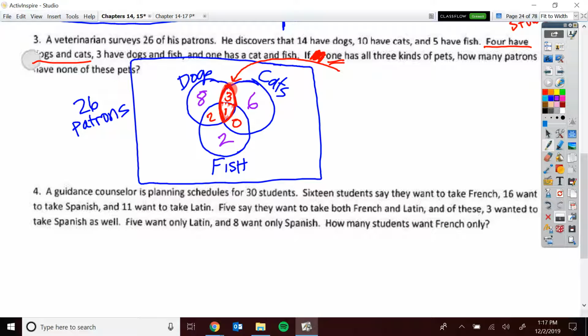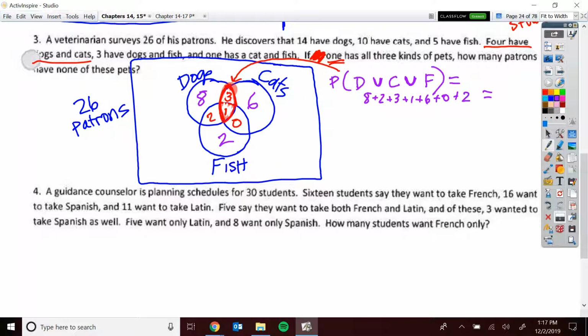So how many patrons have none of those pets? Oh, how do we do that? So how many patrons have a dog or a cat or a fish? I'm going to add all those up. 8 plus 8 plus 2 plus 3 plus 1 plus 6 plus 0 plus 2.